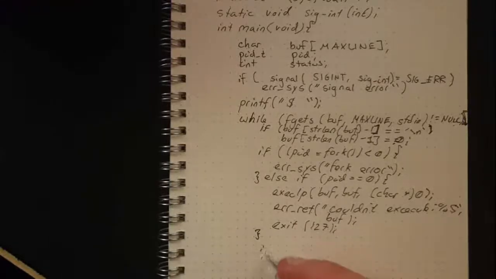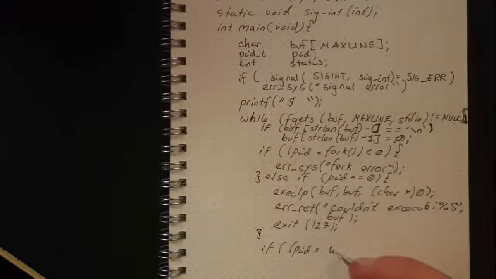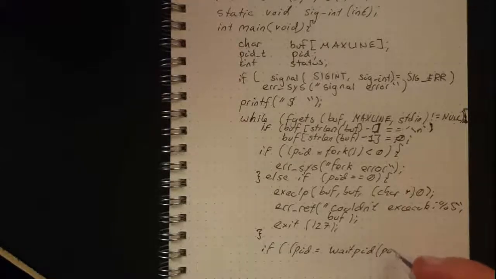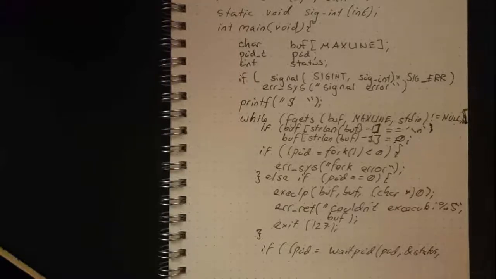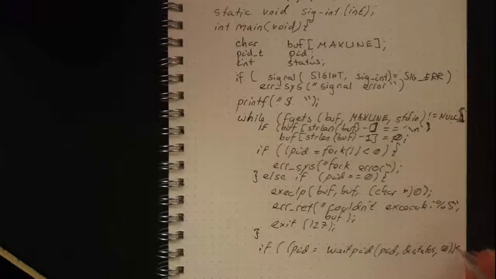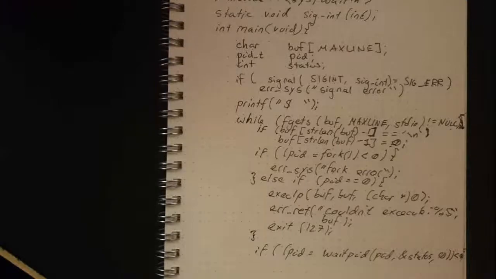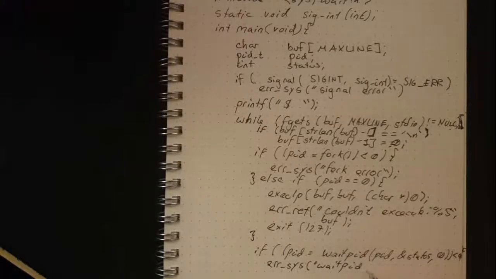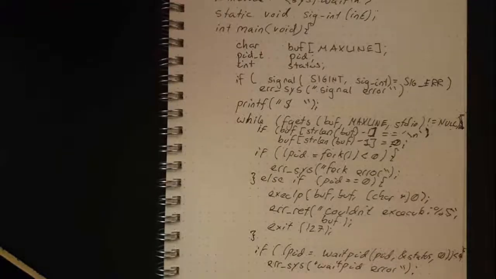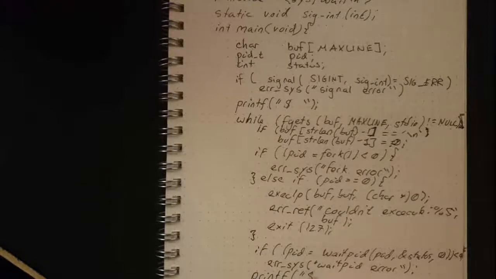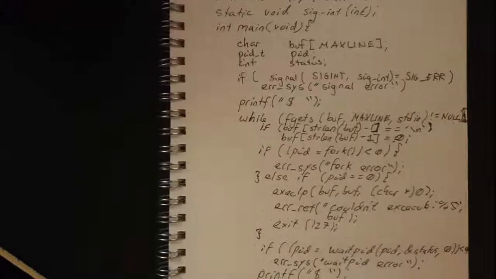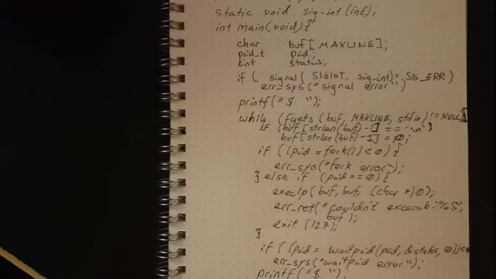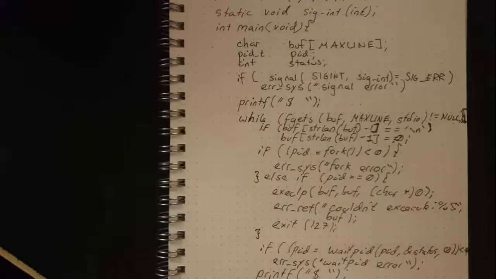Now here's the parent part. If pid, waitpid(pid, &status, 0) less than 0, sys waitpid error, print $, and exit 0, which ends the main loop.